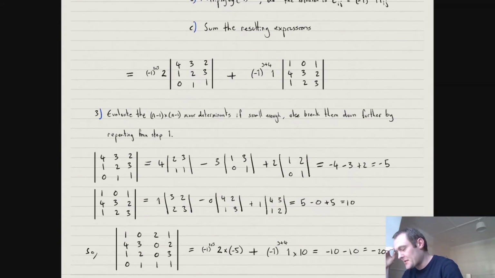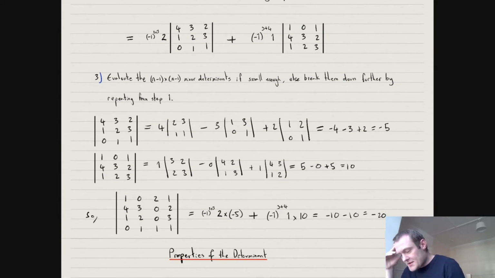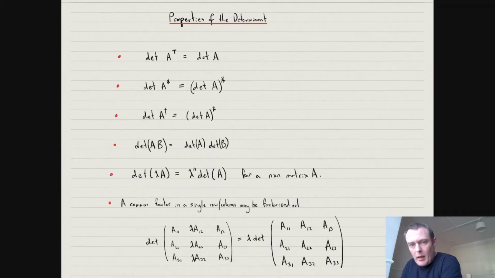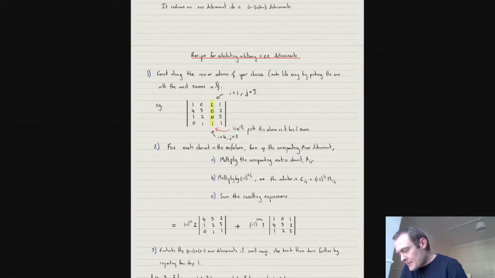We don't need to think about it too hard. And so, yes, I got minus 5 for the first one, 10 for the second one, and so the determinant of the whole thing is this. So we can get minus 10 times subtract 10 is minus 20.